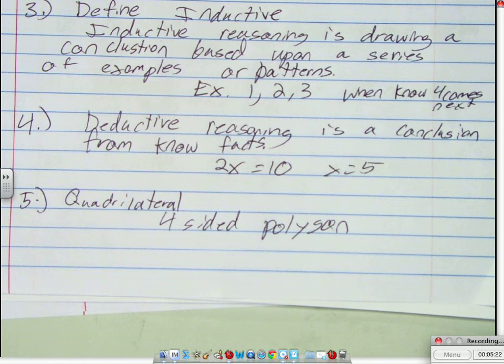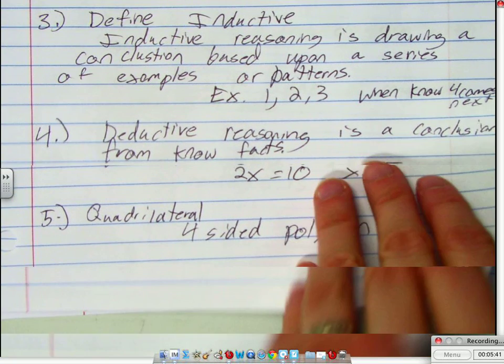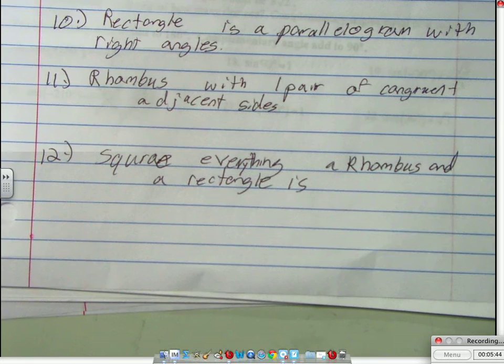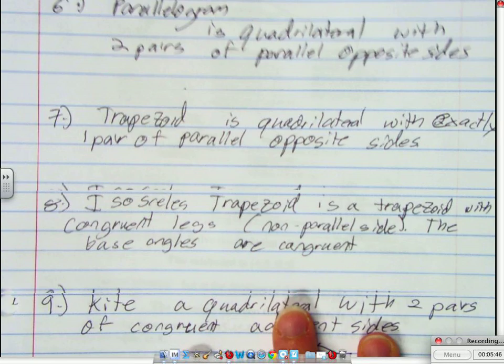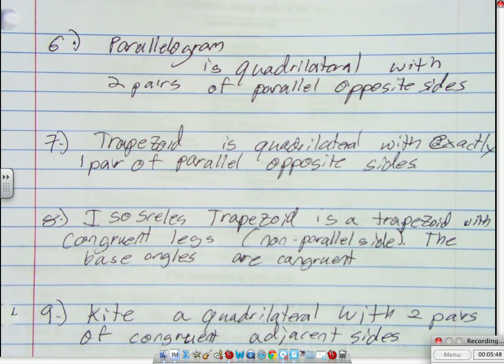A parallelogram is a quadrilateral with two pairs of parallel opposite sides.